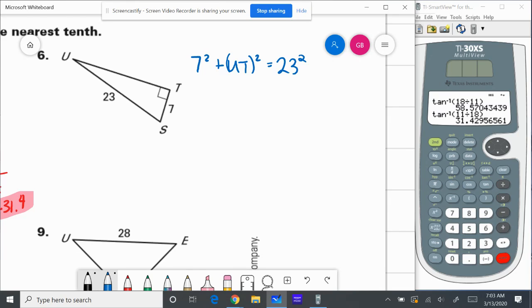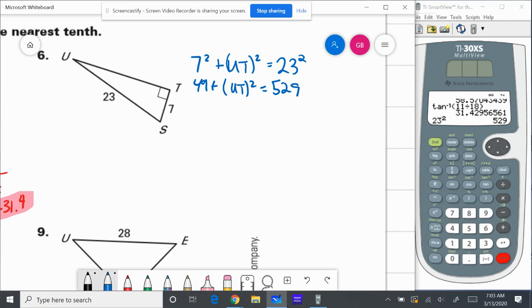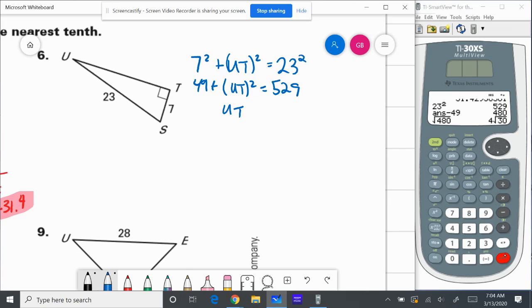Okay, so we have 49 plus UT squared is equal to 529. Subtract the 49 and then find the square root of 480. So UT is 4 square root 30.